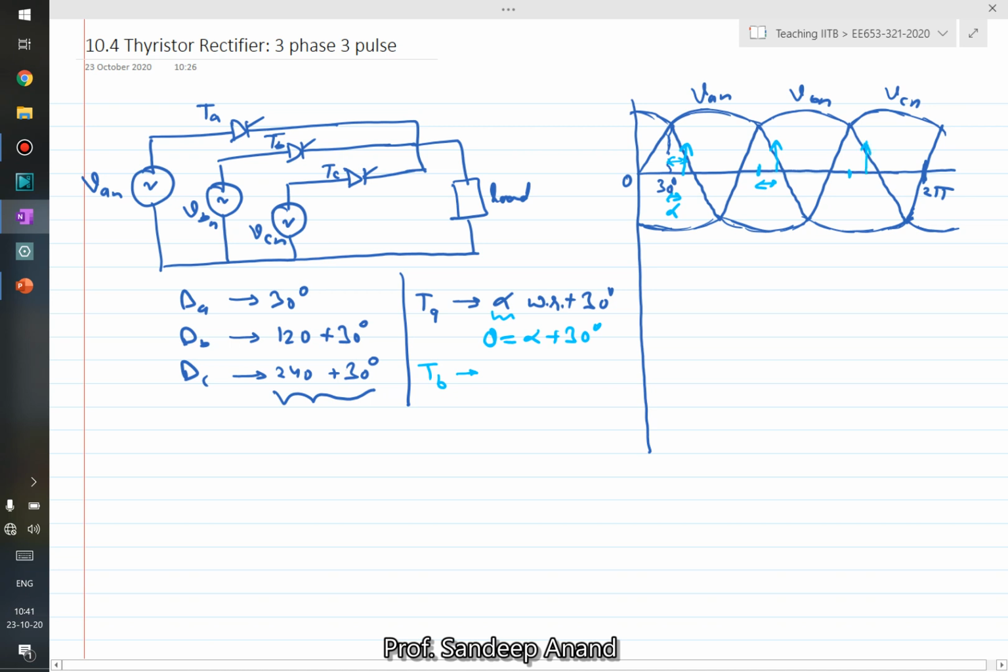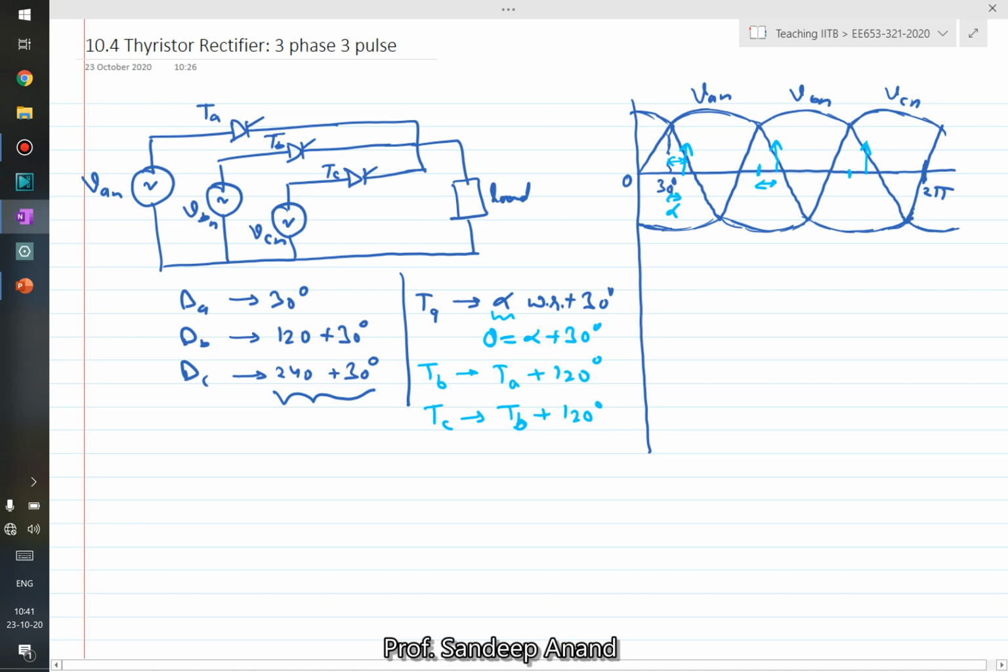Each of TA, TB, TC is phase shifted by 120 degrees. Wherever TA got fired, plus 120 degrees will be TB firing, and wherever TB got fired, plus 120 degrees would be TC firing. So they are separated by 120 degrees. The only thing is alpha is defined not with respect to 0 but with respect to 30 degrees. That is the only difference.